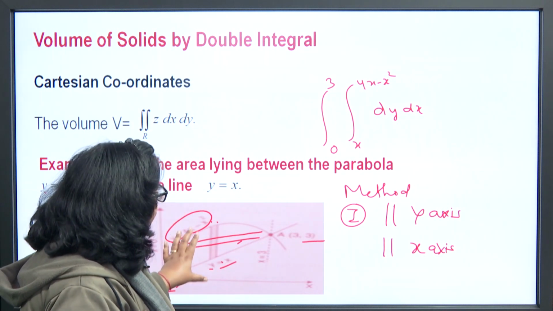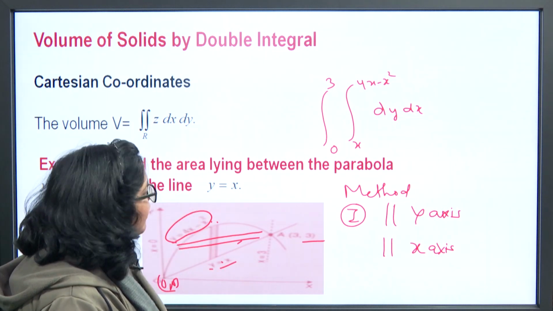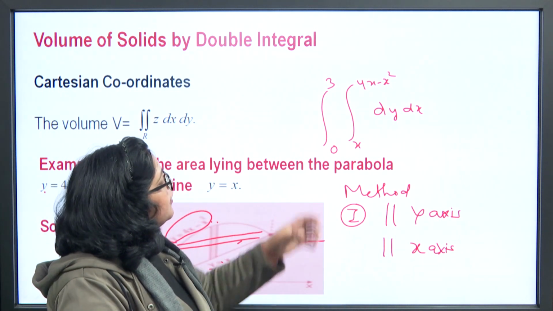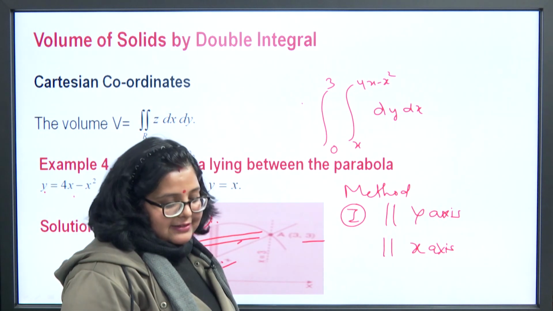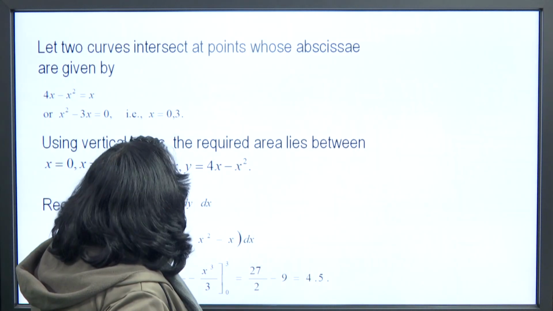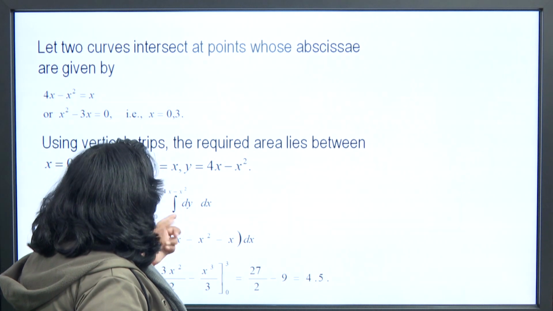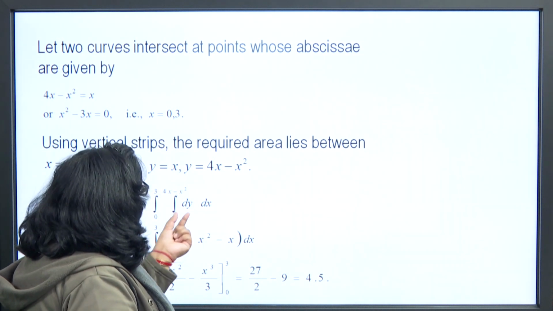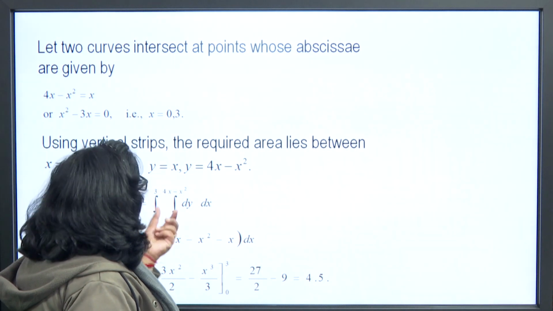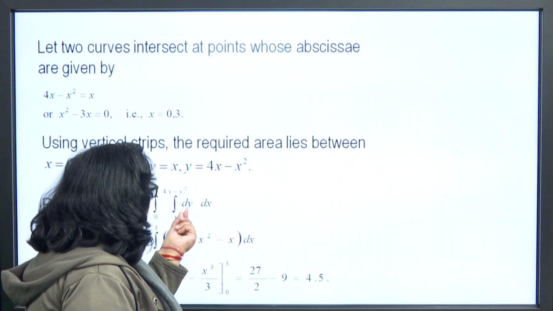So we draw the strip parallel to the y axis, find the limits, and solve the integration. We have the integration limits as 0 to 3, and x to 4x minus x square, dy dx. Always remember this is a limit in the function of x. So integrate this integration with respect to y.